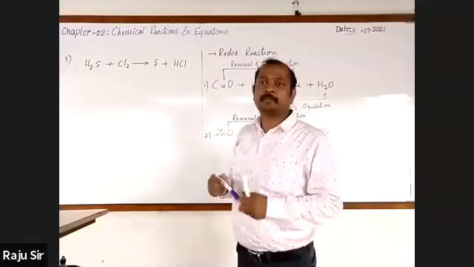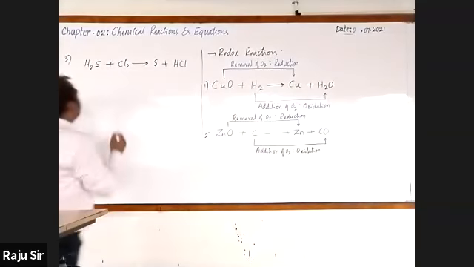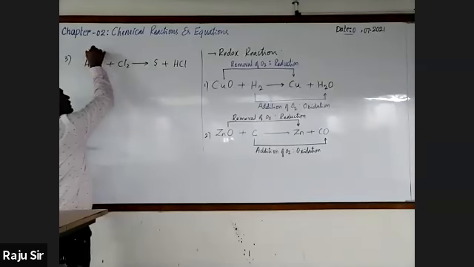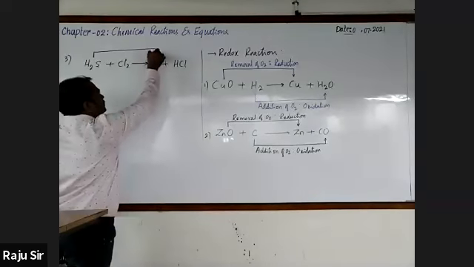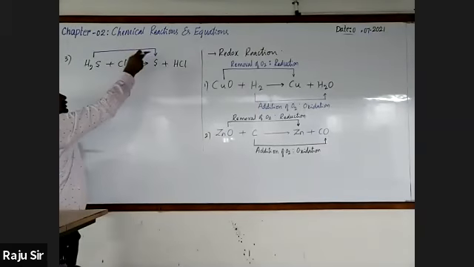This is also an example for redox reaction. You can notice that in the compound H2S, we have hydrogen. So this hydrogen sulfide is converted to sulfur because hydrogen has been removed.